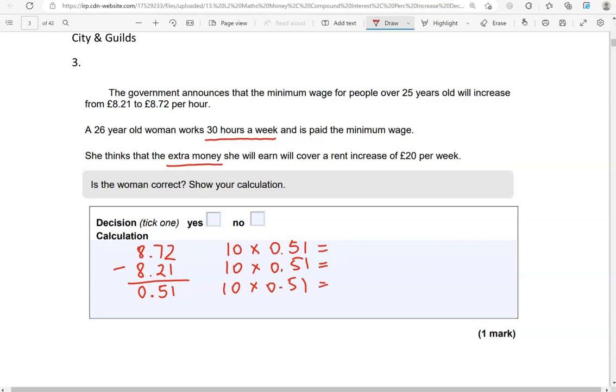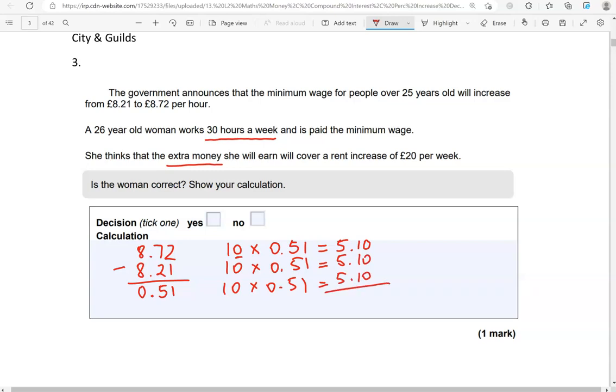But multiplying by 10 is much easier because we just need to move the decimal to make the number bigger. So we're going to move one place to the right. So this will be 5.1. And as it's money, we can add a 0 after that to make it £5.10. So this is the same, and this is the same because it's the same calculation.